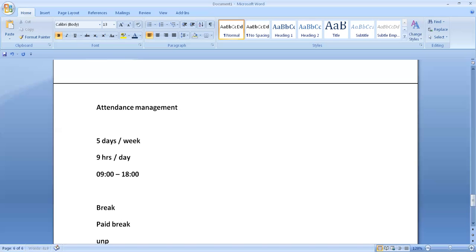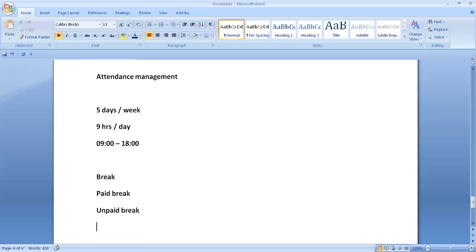Paid break means that for the break period the employee is paid, meaning the break is not calculated as a deviation. Unpaid break means it is calculated as a deviation. So if an employee is spending 1 hour at a lunch break, and it is an unpaid break, then the time is extended by 1 hour when you are talking about the entire duration.